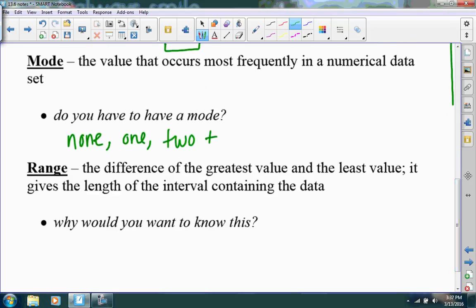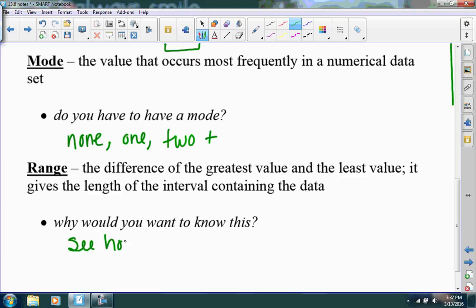Now the range is the last term of our central tendency here, and that's the difference between the greatest value and the least value. So it gives the length of the entire data set. And you'd want to know this so that you can see how far apart the data is.